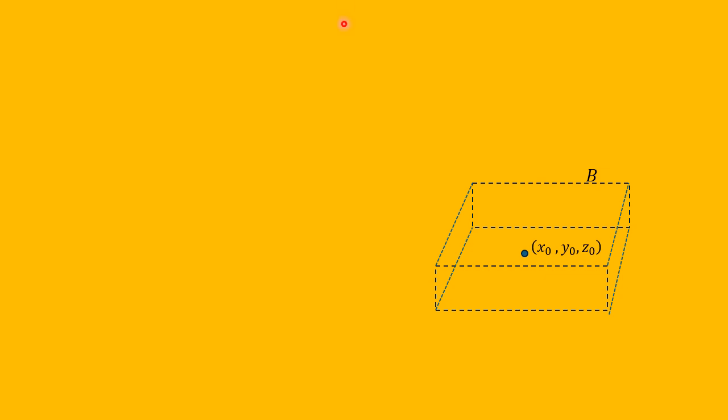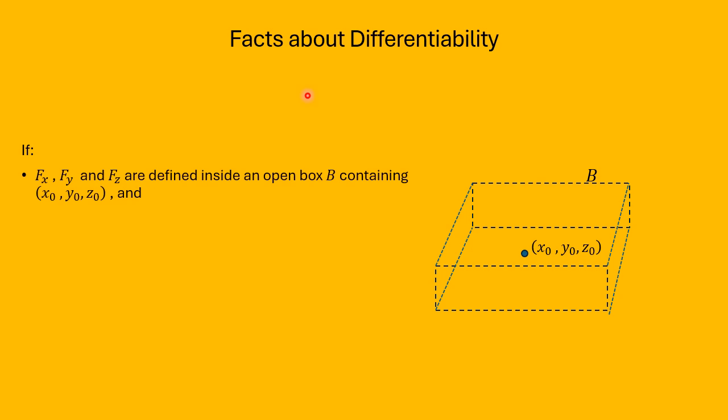But how can we tell if a function is differentiable? Well, let's look at a fact that will at least cover most of the situations that we will encounter, and another fact also. So two facts about differentiability. If we have these two things holding, the partials f sub x, f sub y, f sub z are defined inside an open box containing the point x naught, y naught, z naught, a rectangular box, and if these three partial derivatives are continuous at the point x0, y0, z0.